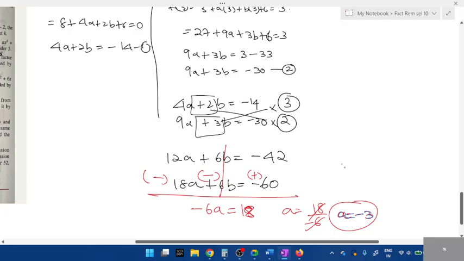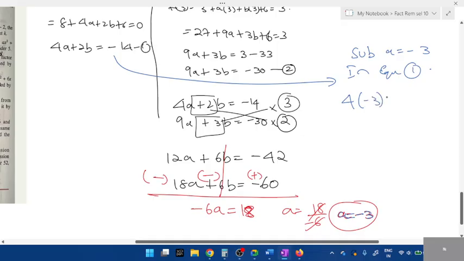Fine. Then you can substitute in one equation. I'll write: substitute A is equal to minus 3 in equation 1. 4 into minus 3 plus 2.